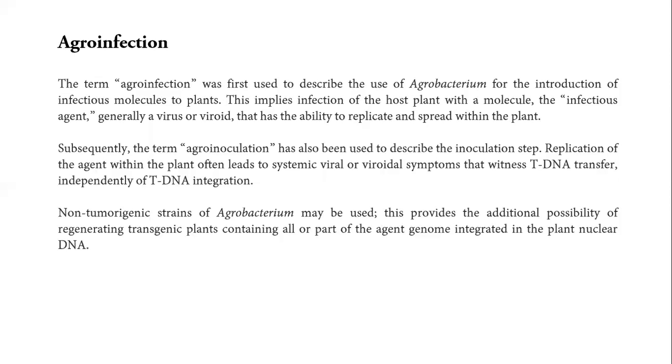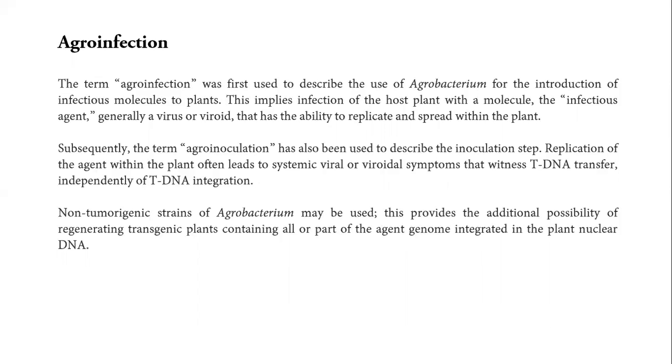And here, the replication of the agent within the plant often leads to systemic viral or viroidal symptoms that witness T-DNA transfer independently of T-DNA integration. So, without T-DNA integration, the T-DNA can be transferred.